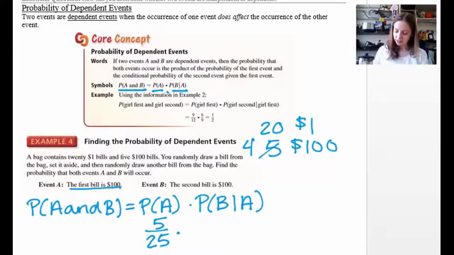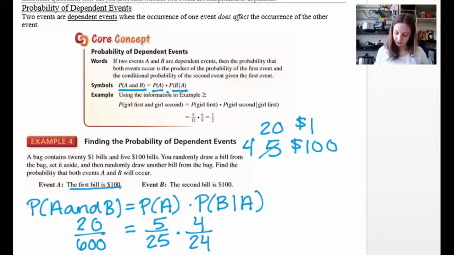The probability of picking a second $100 bill: there are 4 of them left, and the total number of bills in the bag is now 24. When we multiply this, we get 20 out of 600.